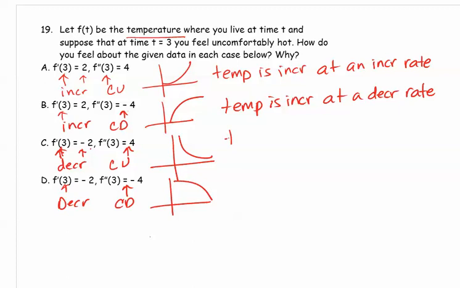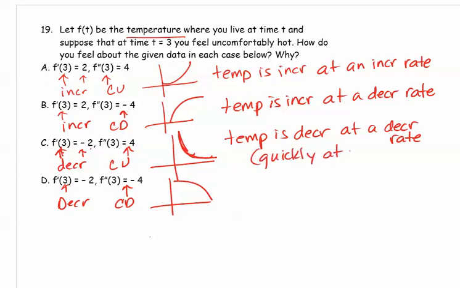So here the temperature is decreasing, and here it's decreasing quickly at first and then slowing down. So at a decreasing rate, but it's decreasing quickly at first, so I think that's what we like about that one, if we were already feeling too hot.